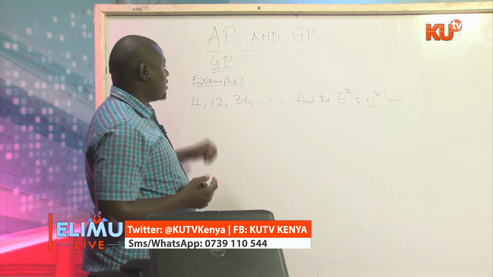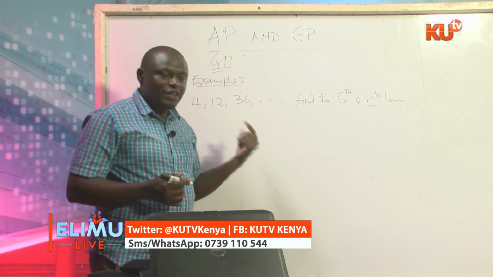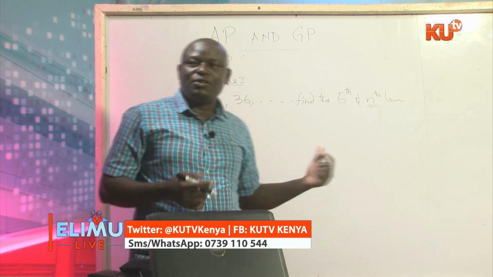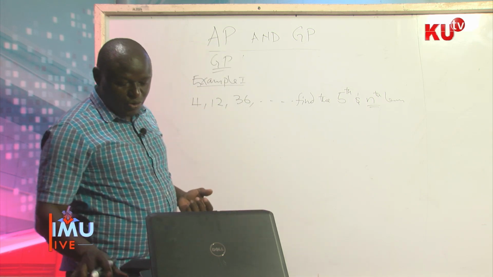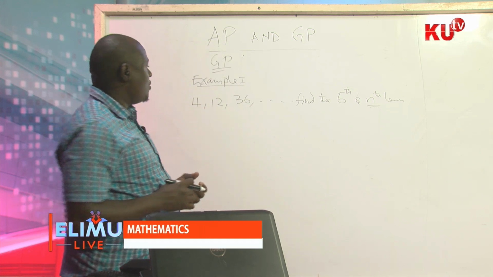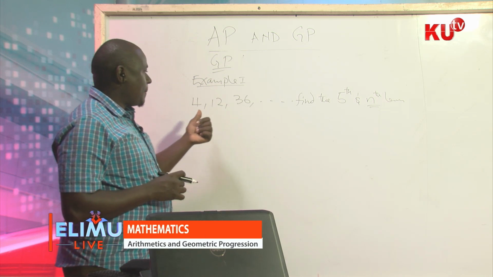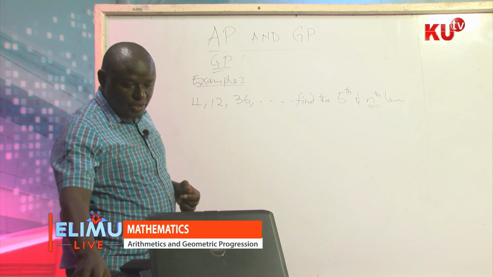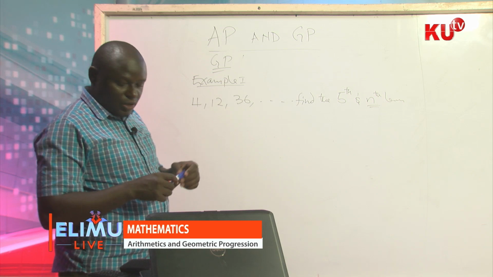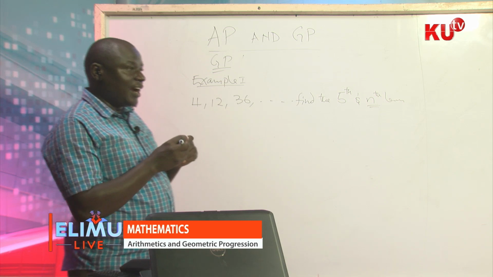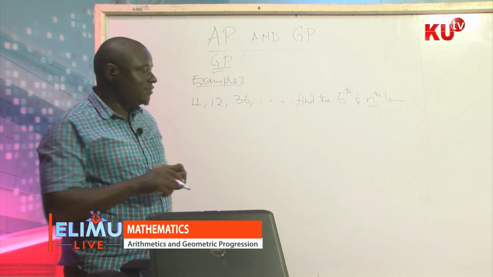All right, we can get the 5th term. First of all, we need to find out, is this an AP or a GP? I told you how to go about that. We shall do that by dividing the current by the previous.